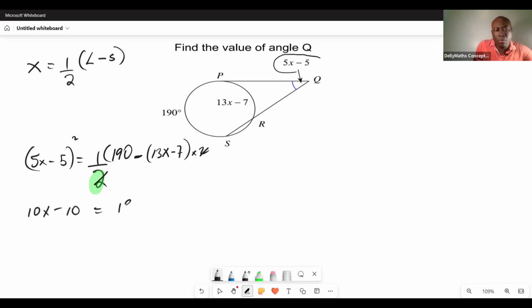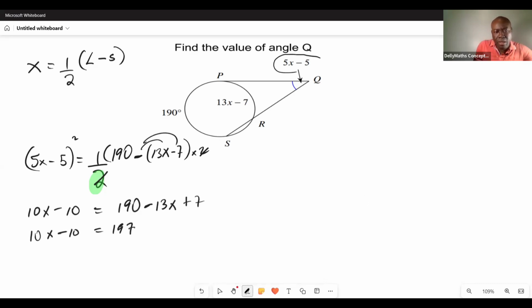So I'm left with 190 minus, and I'm going to distribute the negative inside the parentheses. The positive 13x becomes negative 13x, and the negative 7 becomes positive 7. Let me combine my like terms. So 190 plus 7 will give us 197 minus 13x.